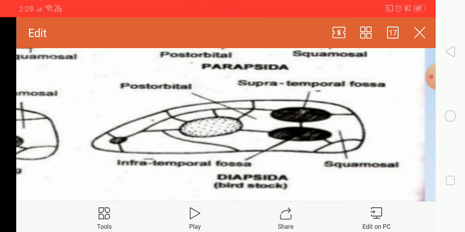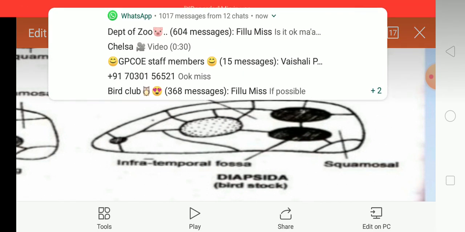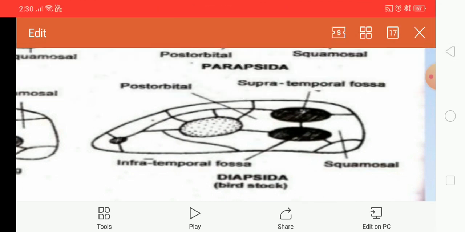So three bones: postorbital, parietal and squamosal. Okay, whereas the infratemporal fossa, which is placed at the base of the skull, is flanked by the jugal, quadratojugal, postorbital and squamosal. Okay, you got it. Now this Diapsida skull is found in animals like crocodiles, Sphenodon, etc.